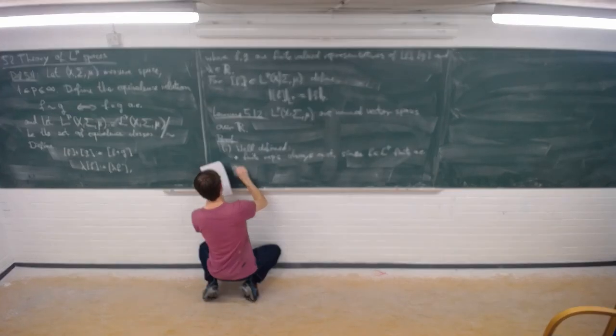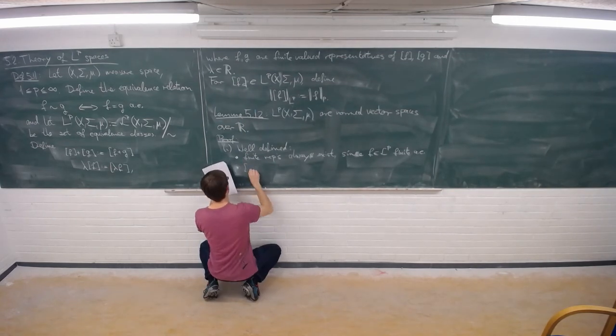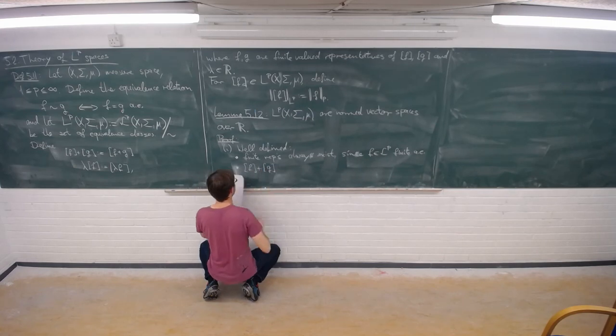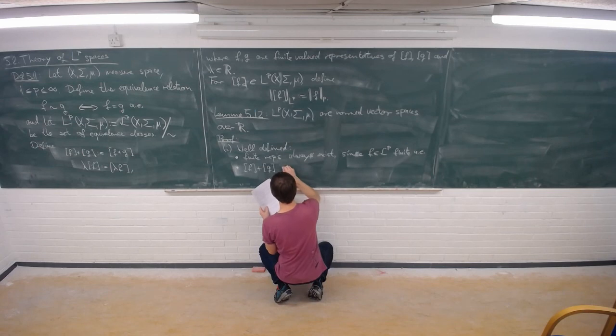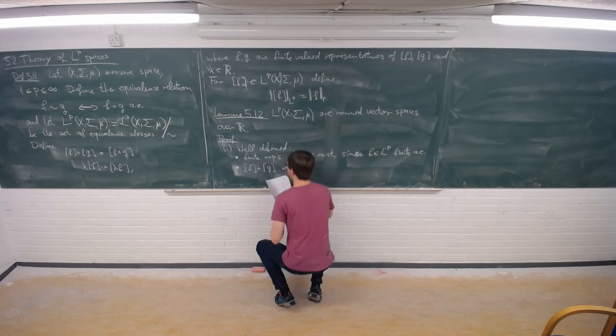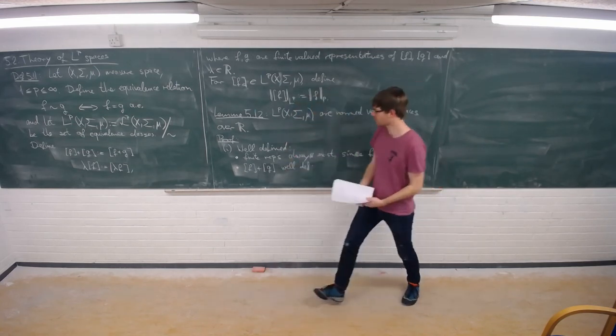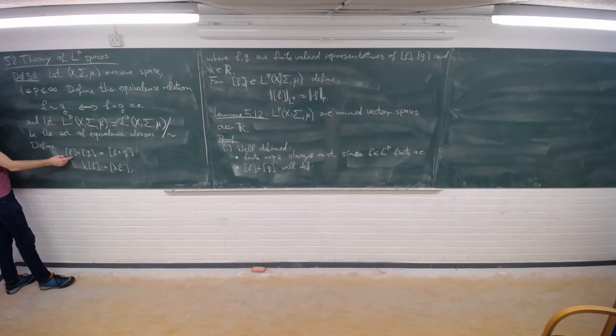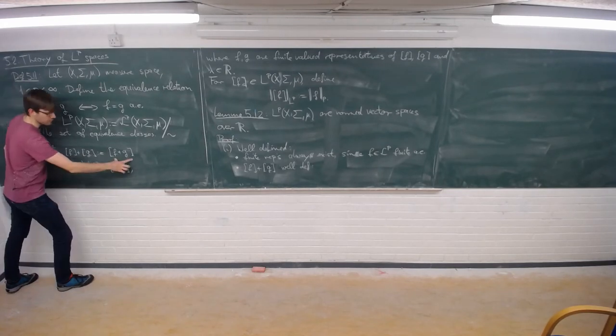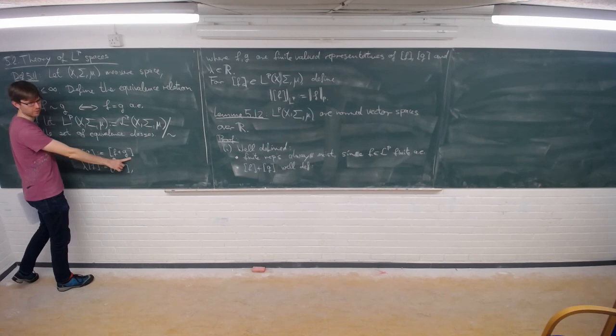Second, the class of F plus class of G is well defined. So we have to show that if we choose two different representatives for these classes, then this right-hand side always gives the same thing, right?